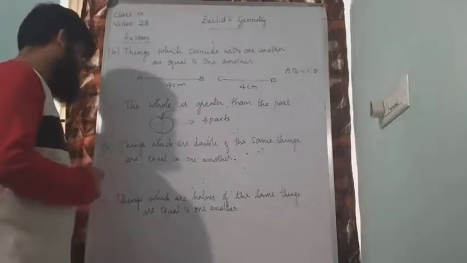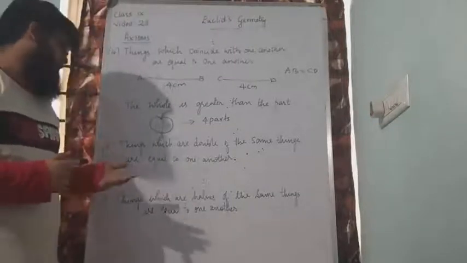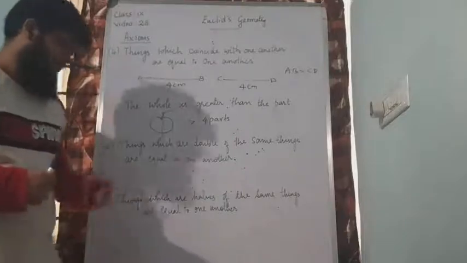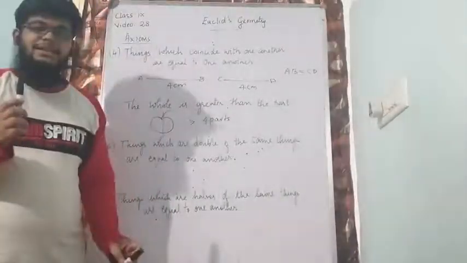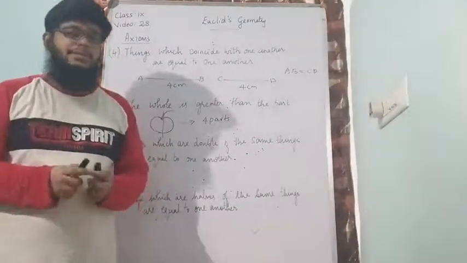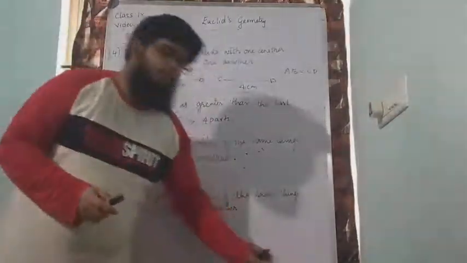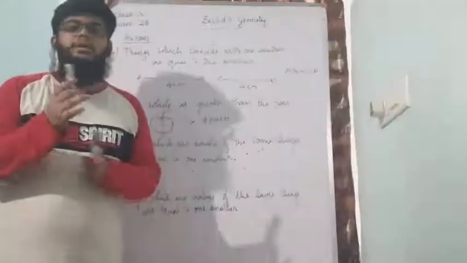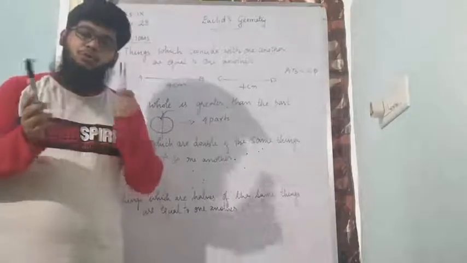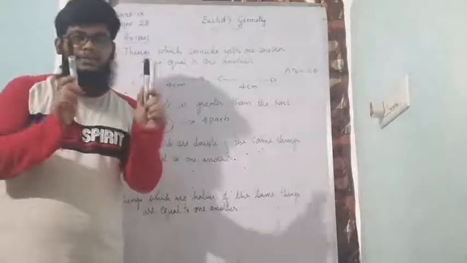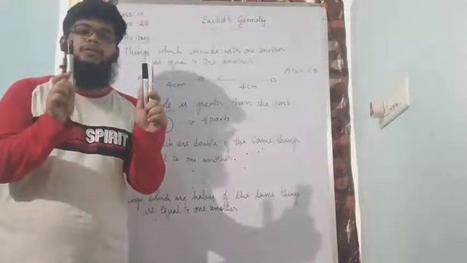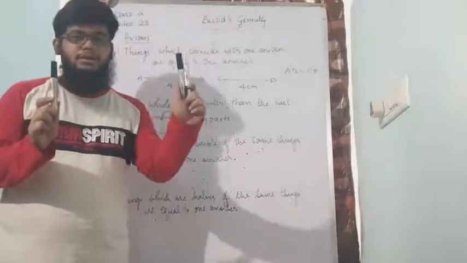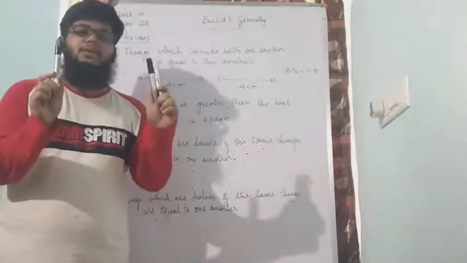Axiom number 6. Things which are double of the same things are equal to one another. If I have things that are double of the same thing, example, if I have one marker and if I have 2 more markers exactly double, so what is the double of 1? 1 plus 1 will be 2, double. That means I can say that these are equal.